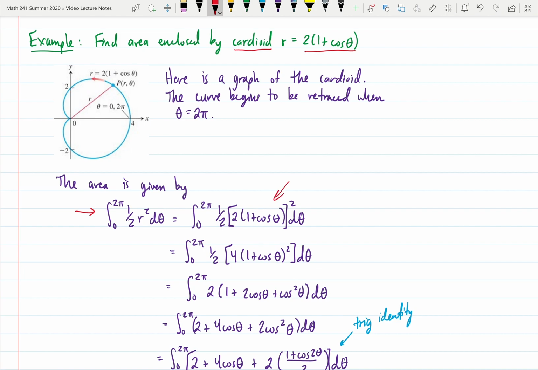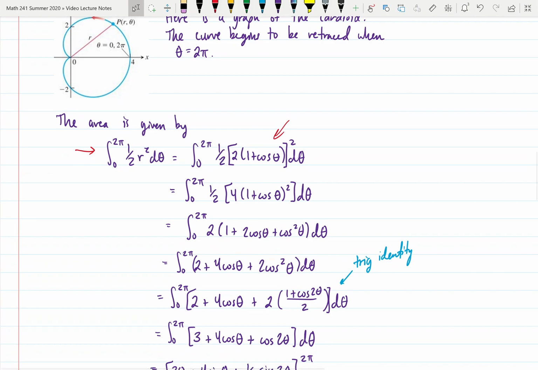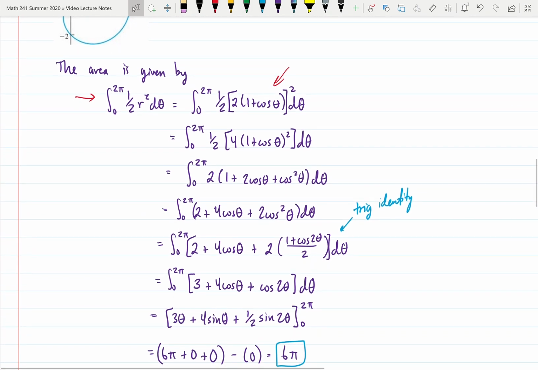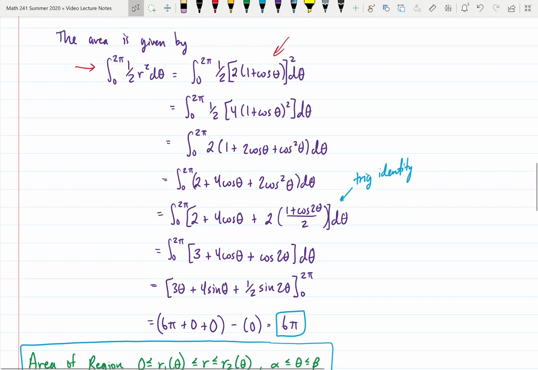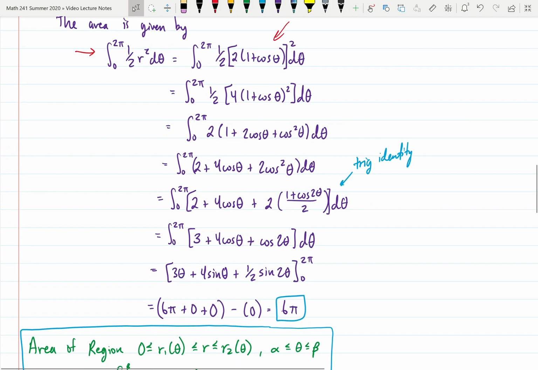That gets plugged in right here. And now we can do some algebra. It looks like there's some squaring being done. I'm going to skip through some of the algebra until we get back down to some more interesting stuff. So we're going to square and expand and then distribute to get to this point here.